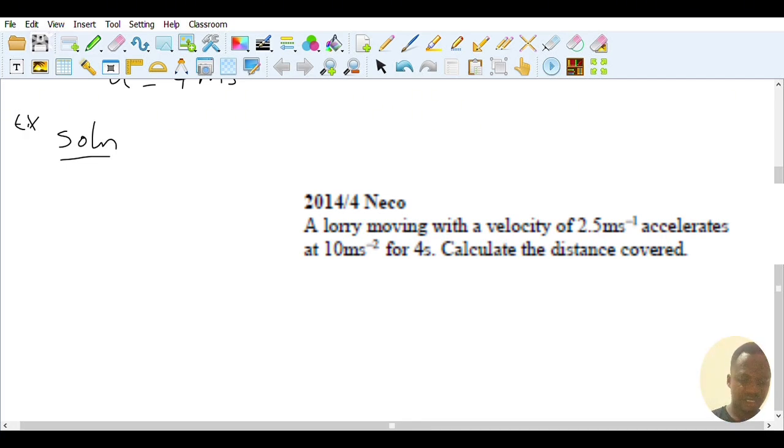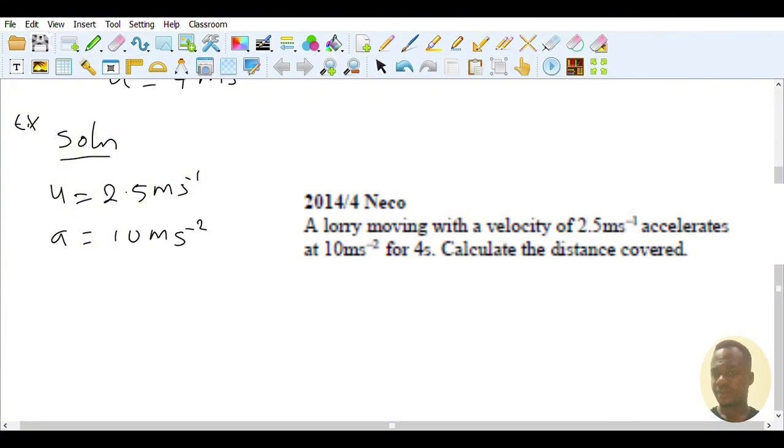That means that is an initial velocity. So 2.5 meters per second. Okay, accelerates at 10 meters per second squared. Okay, the time taken for this acceleration is 4 seconds. The question is asking us to calculate the distance covered.